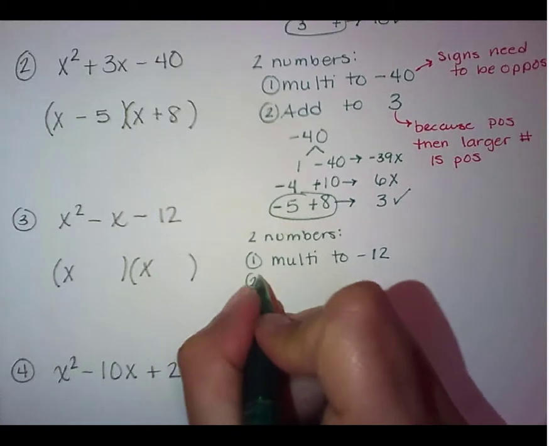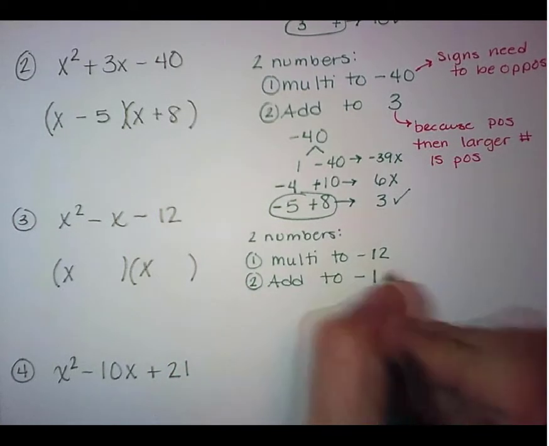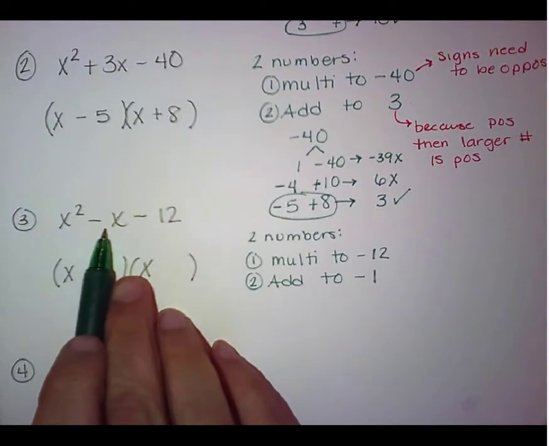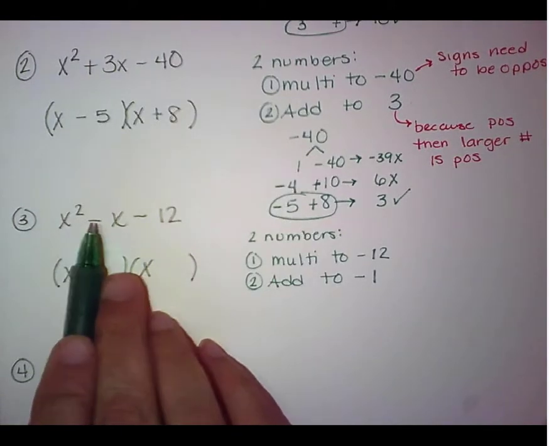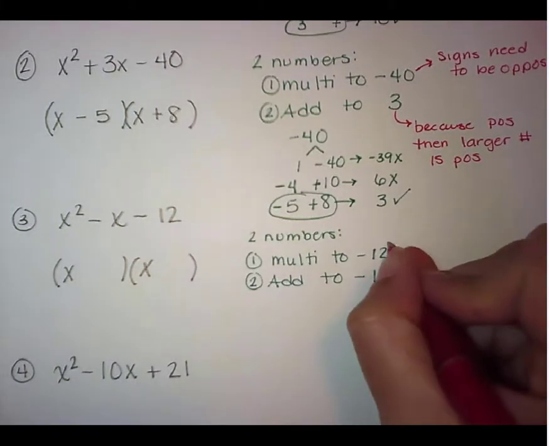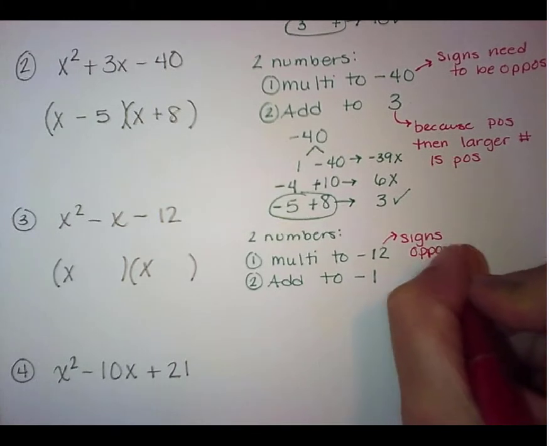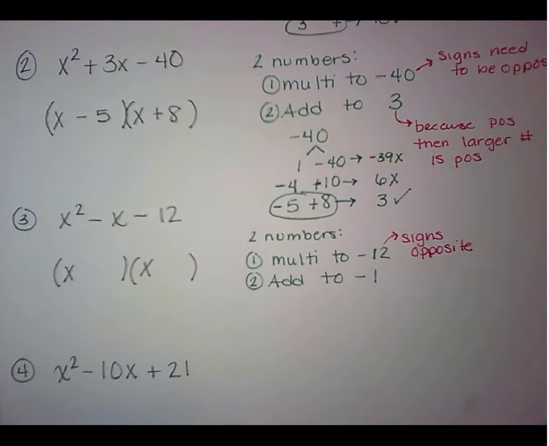And the second thing we want them to do is add to a negative 1. Remember, when you don't have a number sitting in front of a variable, it's always 1, and in this case it is a negative 1. So again, since this is negative, we know that our signs are opposite.